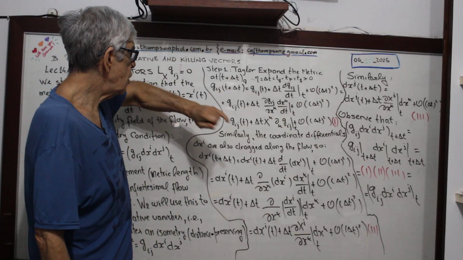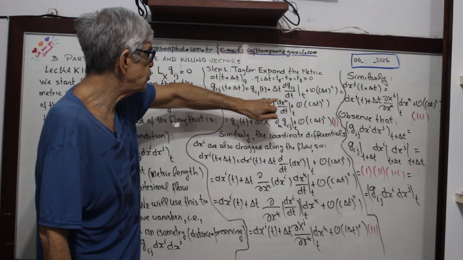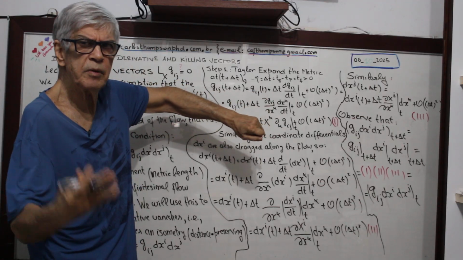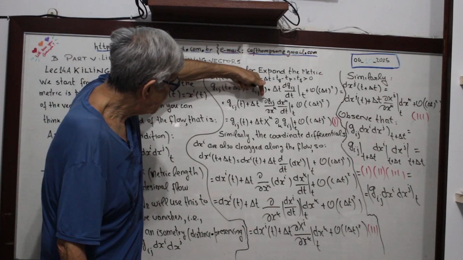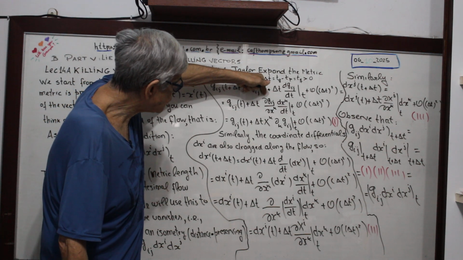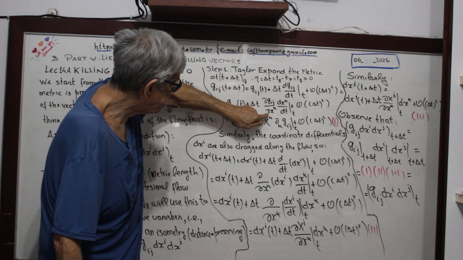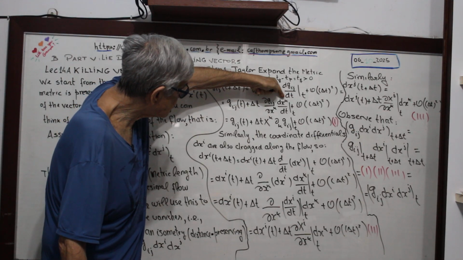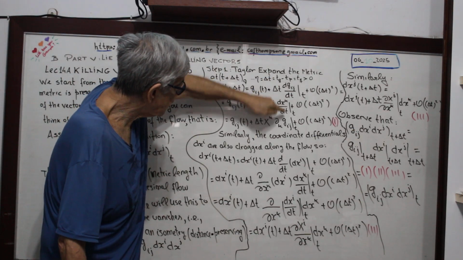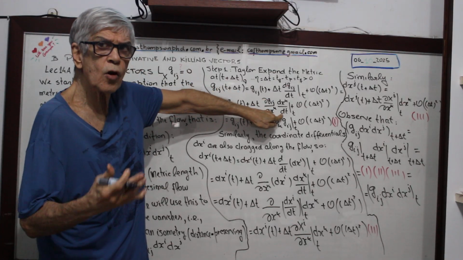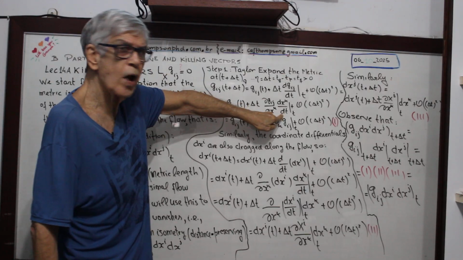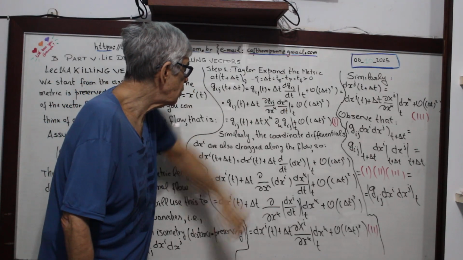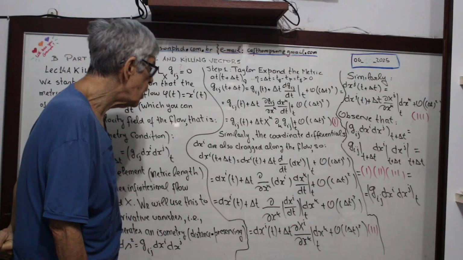Here you use the chain rule, as we did before. So g_ij of t plus delta t: you see the partial derivative of g_ij with respect to x^k times dx^k/dt. That dx^k/dt is the tangent vector, the capital X^k, plus order of delta t squared.